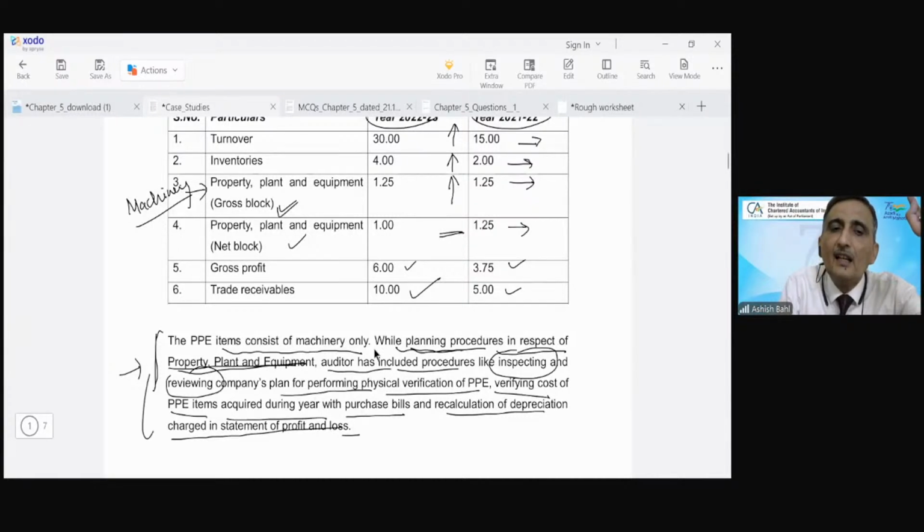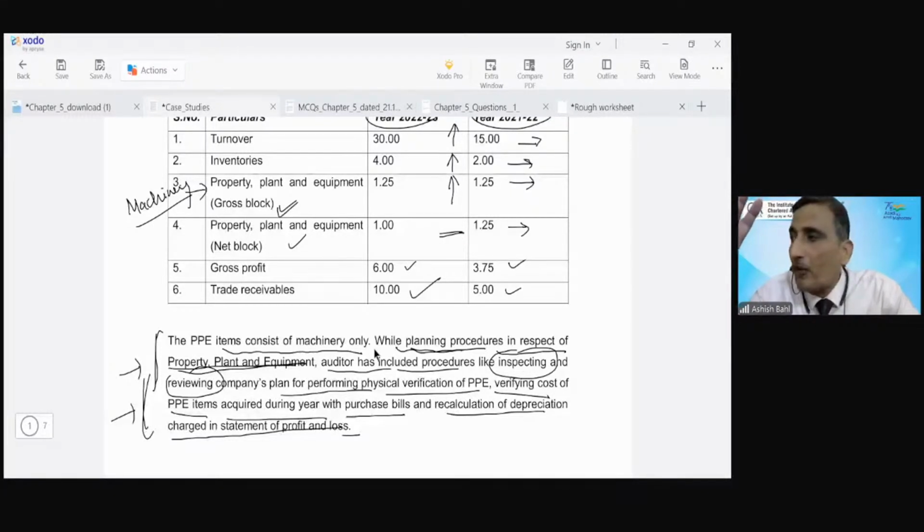Now, these procedures have been planned by him in respect of verification of PPE. Like, I would review the company's plan for performing physical verification of PPE. I would verify cost of PPE items acquired during the year with purchase bills. Fine. I would recalculate depreciation charge in the statement of profit and loss. Like this. Okay.